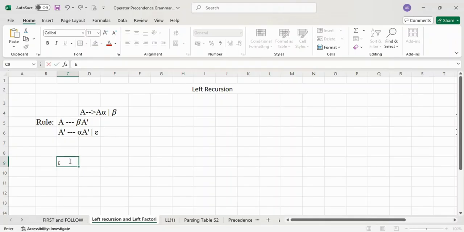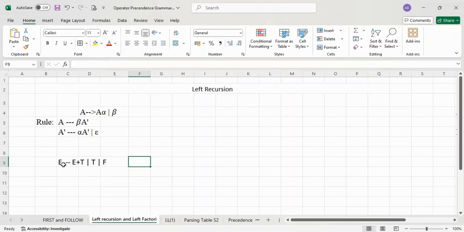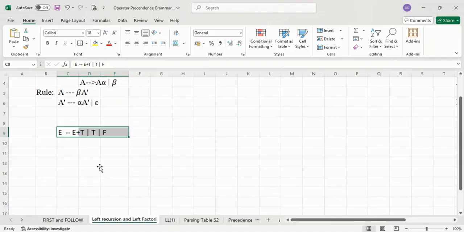So take this example, E giving E plus T or T or F. I'll just increase the font size so that it is visible. Now, if you observe, we'll first identify whether there is any left recursion or not. So, is there any left recursion?